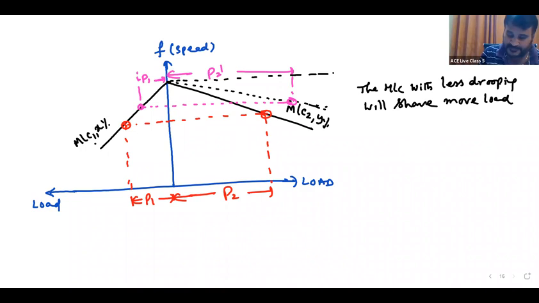For example, if you take both on the same side, this is E1 and this is E2, both in the same direction, with equal magnitudes, E1 equal to E2. When the excitation of the first machine is increased, E1 will increase and is shifted to here.